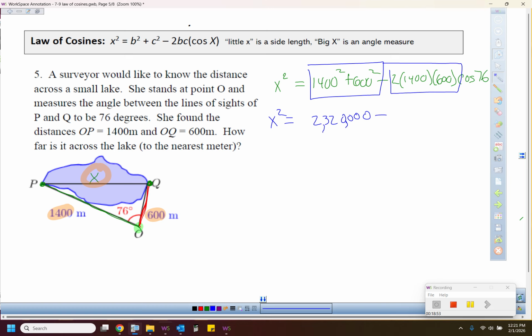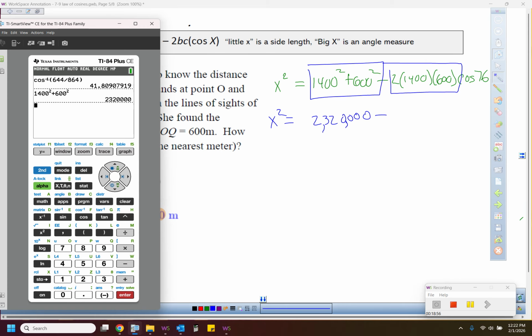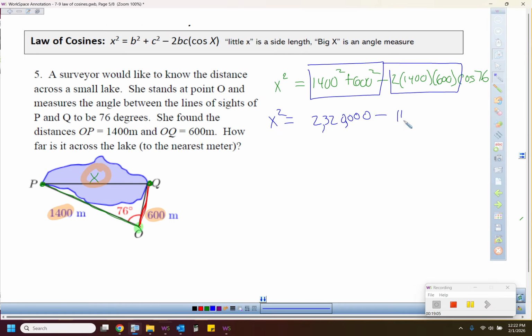That's a big number. Minus 2 times 1,400 times 600. 168 with 4 zeros. Go back and put commas, times the cosine of 76.